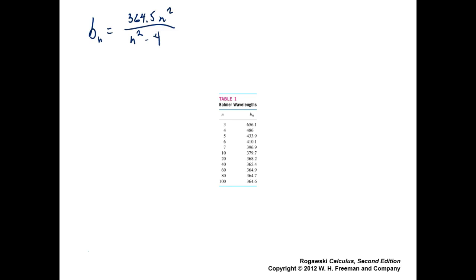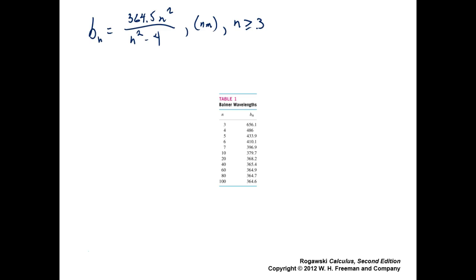It said calculate the limit of the Balmer wavelengths, and here's what they are. And these are, by the way, in nanometers. Where n is greater than or equal to 3.